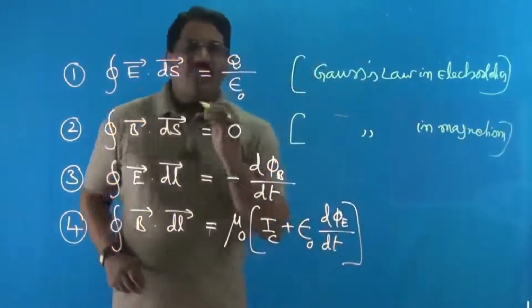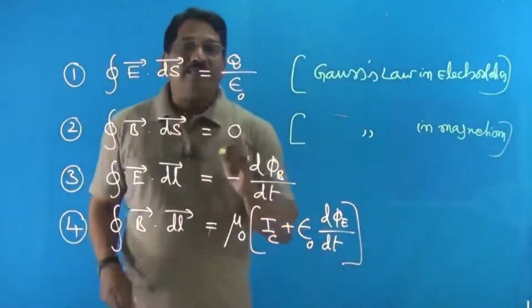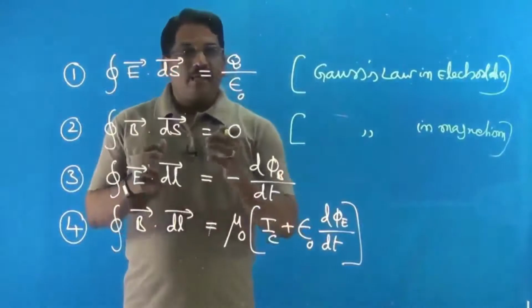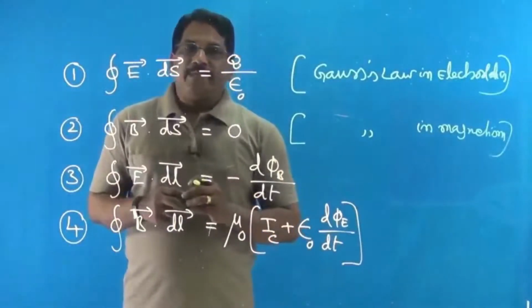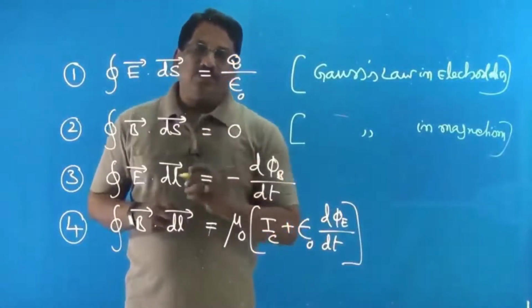What this equation concludes is that magnetic poles always exist in pairs. As the magnetic poles exist in pairs, the net flux through a closed surface will be equal to 0.